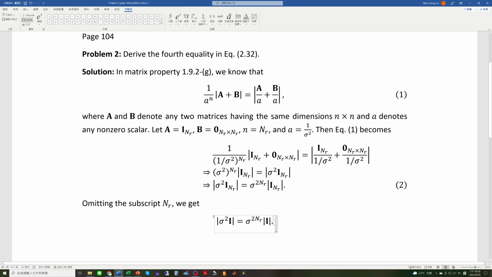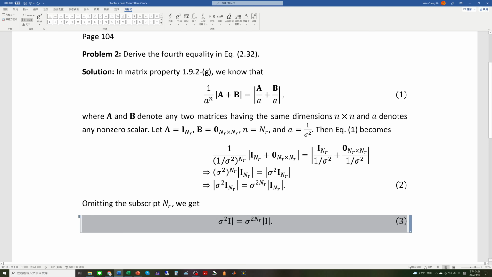So the determinant of sigma squared times I is equal to sigma to the power of 2nr times the determinant of I. And this is equation 3.